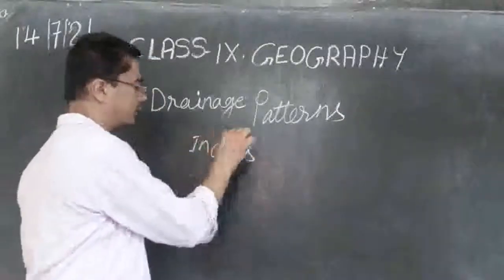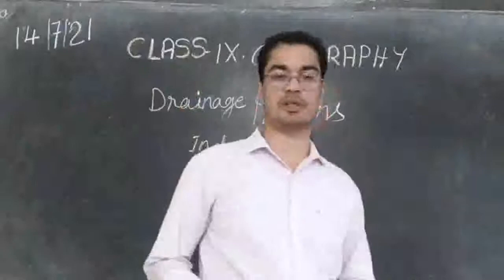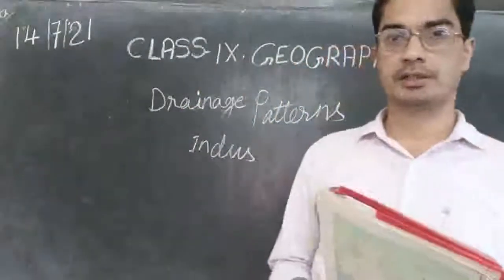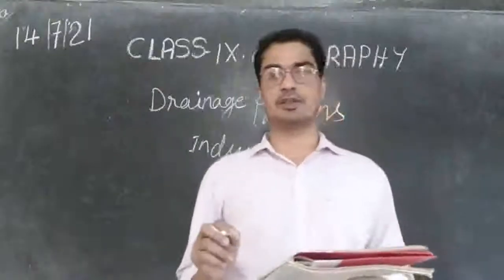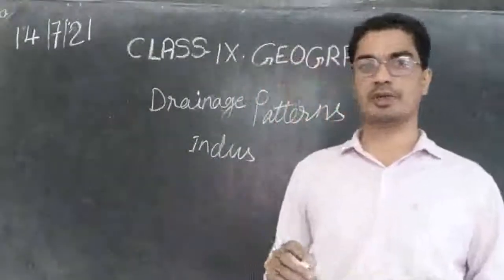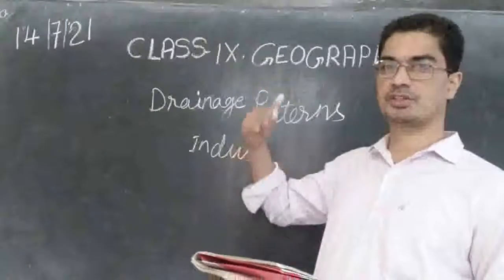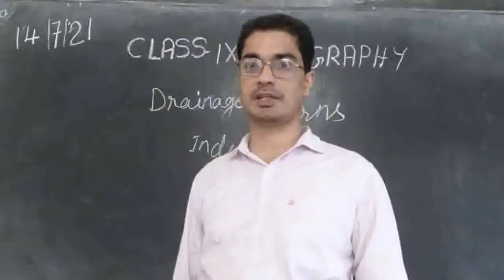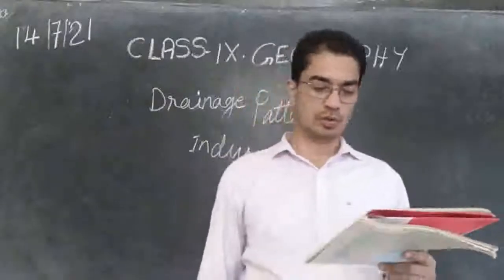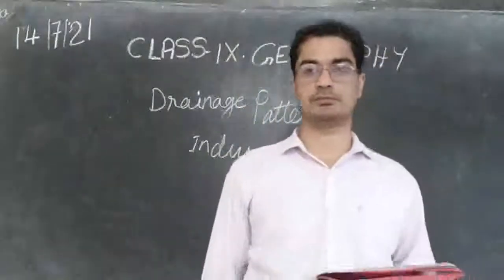The Indus River. Let's see what are the specialties of this Indus River. The river Indus rises in Tibet. It starts from Tibet, China, just above the Himalaya, on the other side of the Himalayas, near Lake Mansarovar.